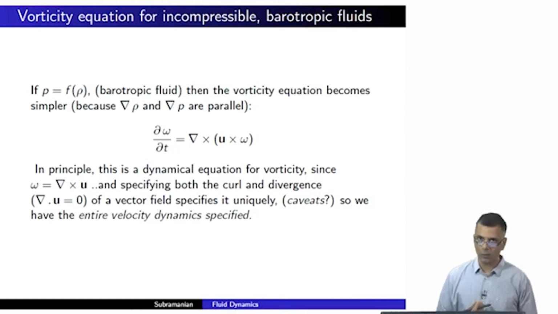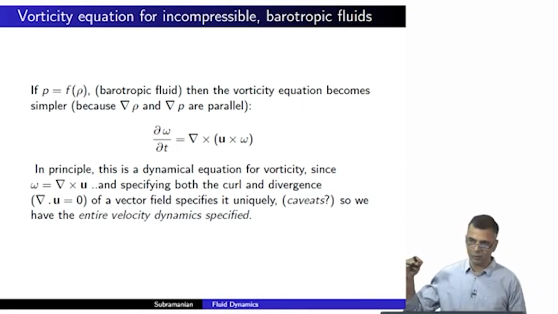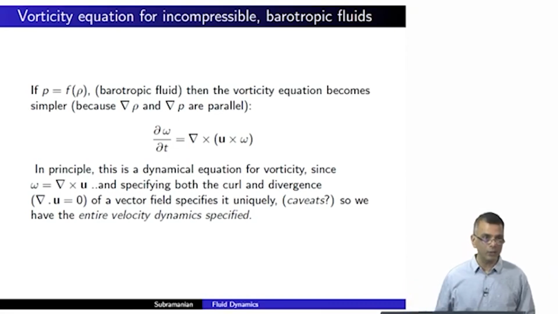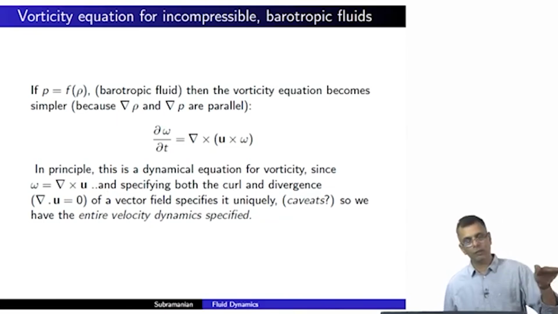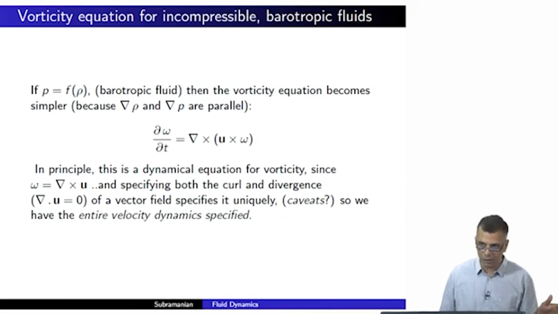The field has to be well behaved. In other words, at infinity you assume that the field dies away smoothly. You have to make that assumption, or you have to make sure that if you are imposing a boundary, the boundary conditions are well behaved. So this is simply by way of amplifying on the statement about specifying both the curl and divergence.